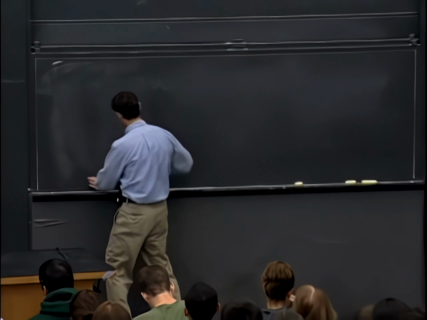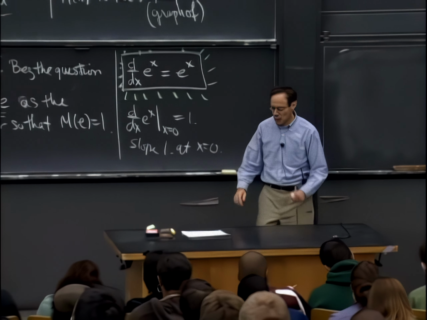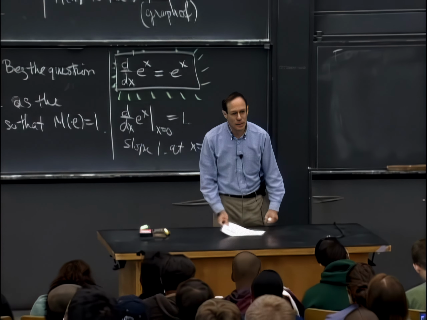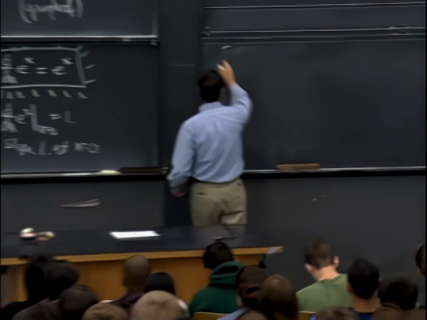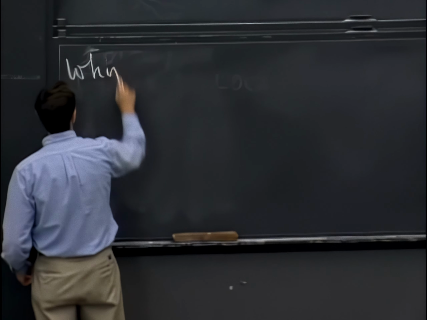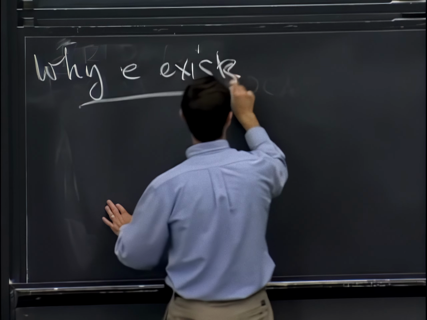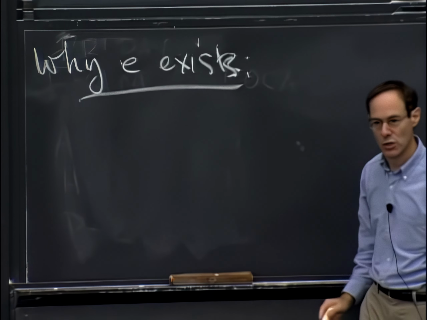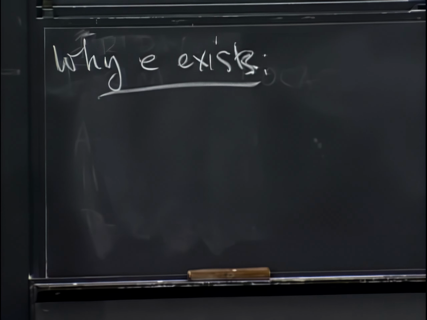So next, even before explaining what e is, in fact, we won't get to what e really is until the very end of this lecture. But I have to persuade you why e exists. All right? So we have to have some explanation for why we know that there is such a number. Okay?